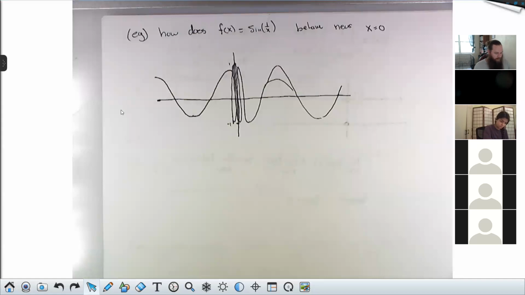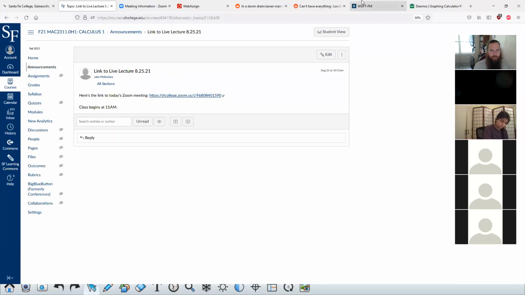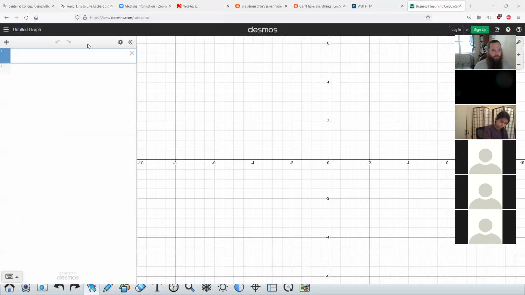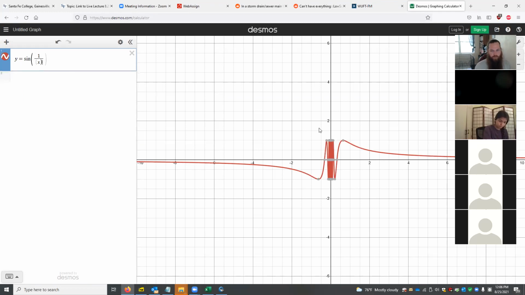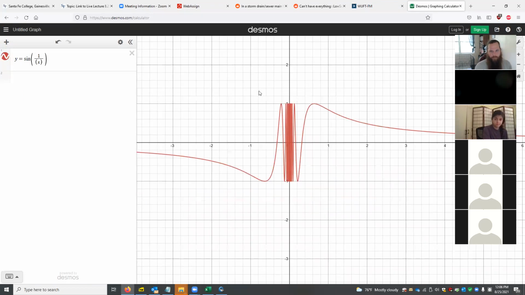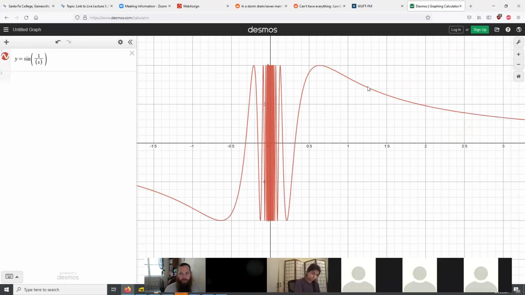Let me show you in Desmos, because this is kind of a hard thing to draw. There it is. So imagine you're that little guy walking in on this graph, and you're letting your x coordinate get closer and closer to 0. See if I can track this actually.